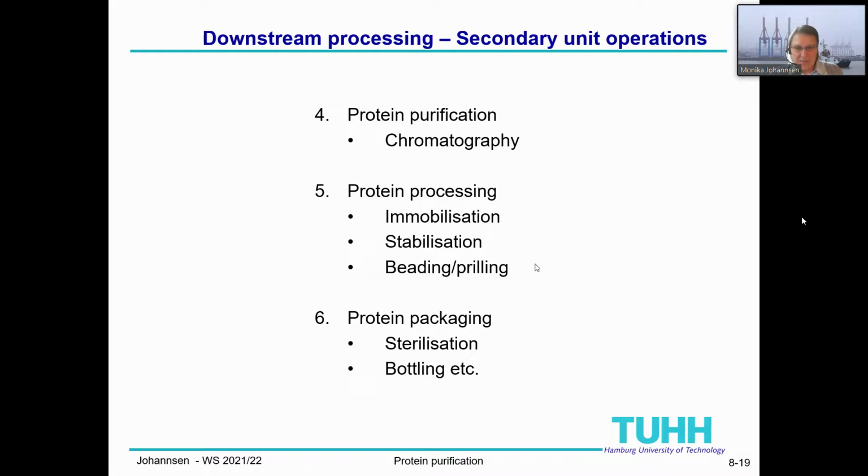We need beading or prilling in order to have a product which can be given to the customers. And at least we need some packaging here, sterilization perhaps, bottling, and others. So these are the secondary operations.